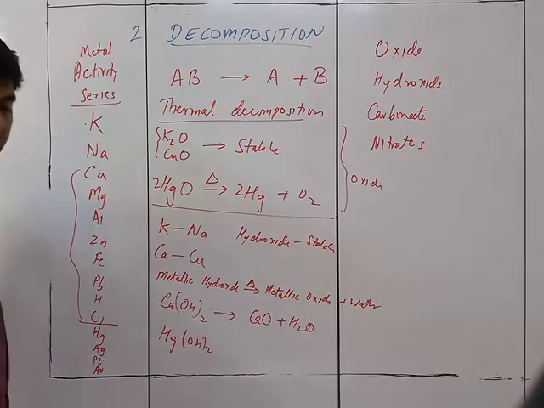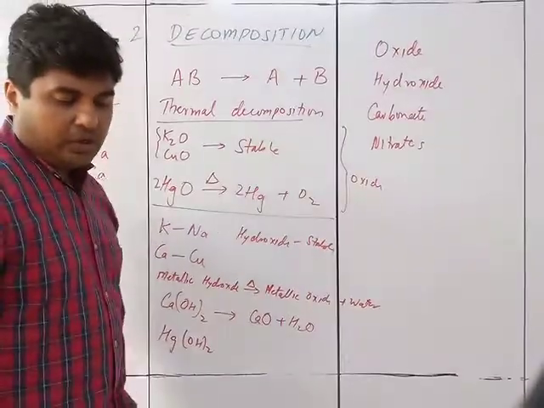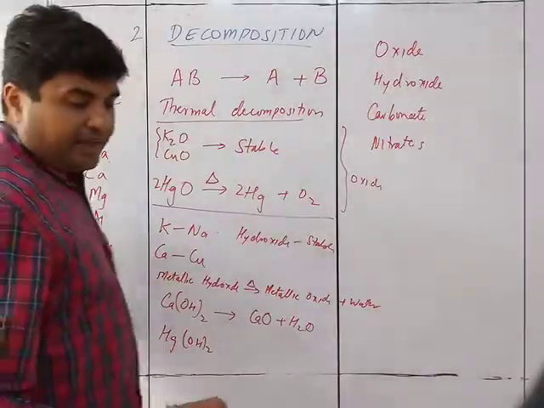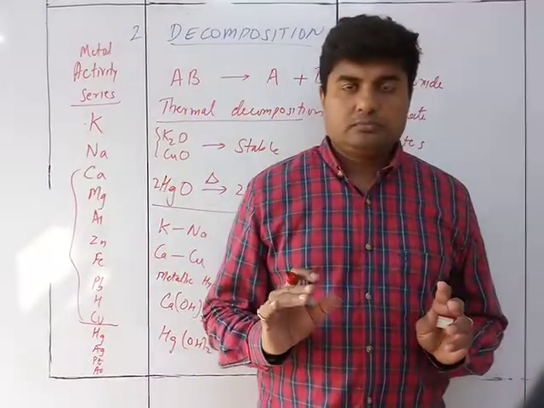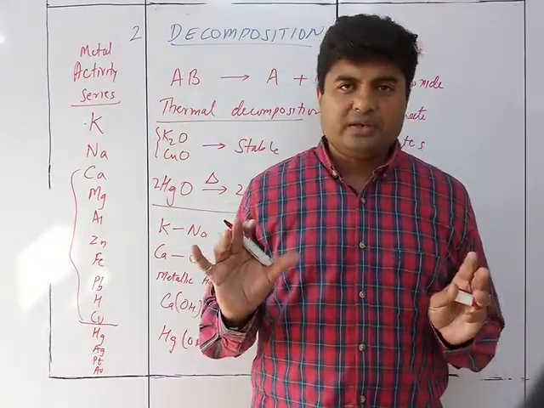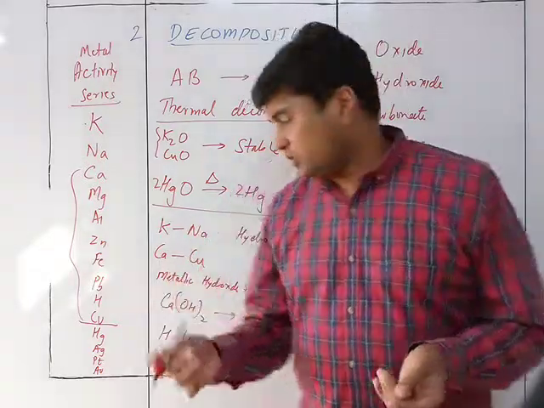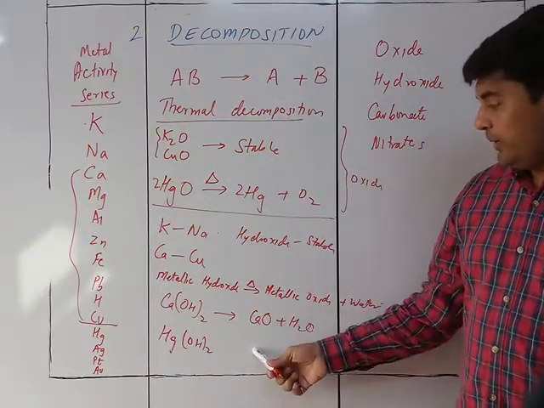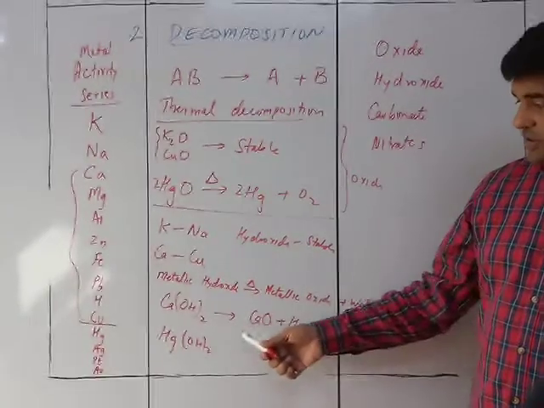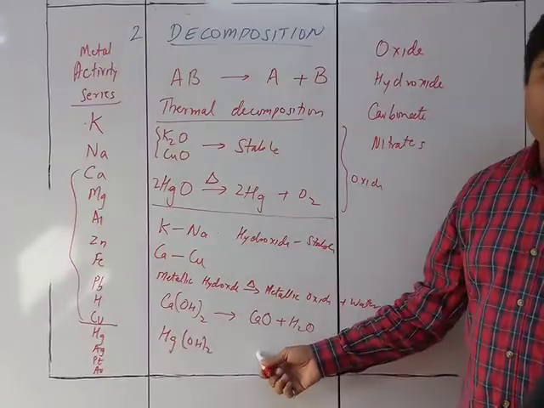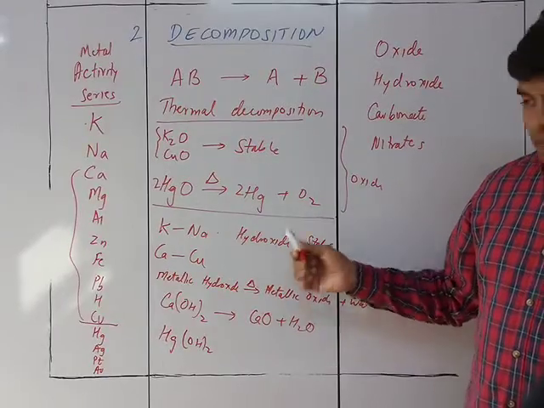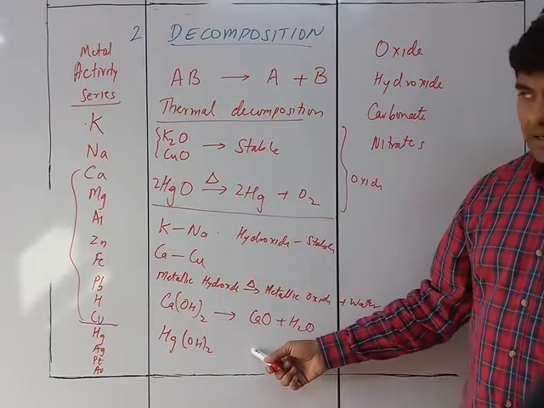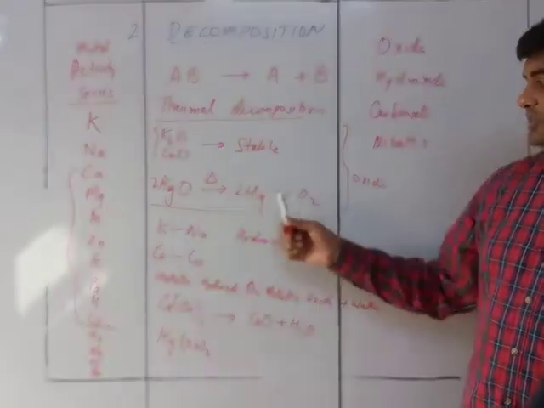Now, the same thing also applies to Hg(OH)2. You will find that they normally do not form a hydroxide. They will rarely form a hydroxide. But by chance agar kar bhi liya, it will give me mercury plus oxygen plus water. Because HgO, if formed, on further heating becomes Hg plus O2.